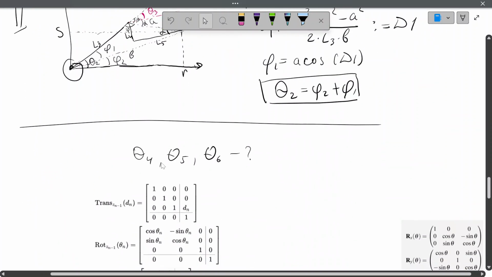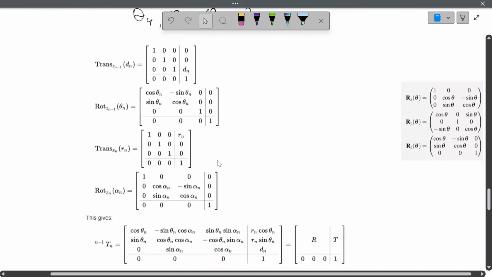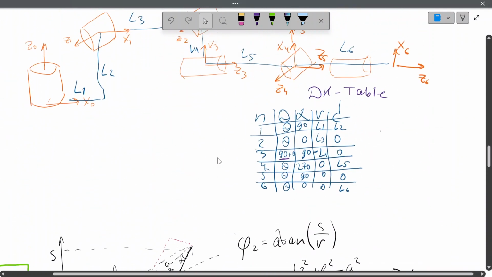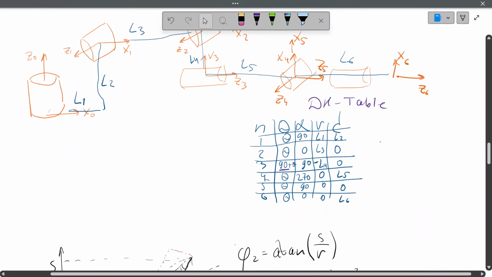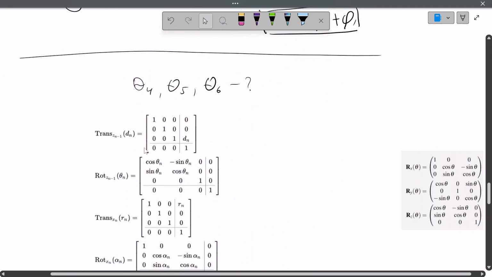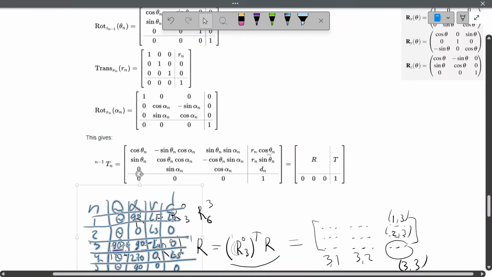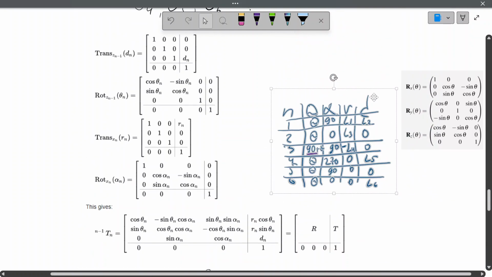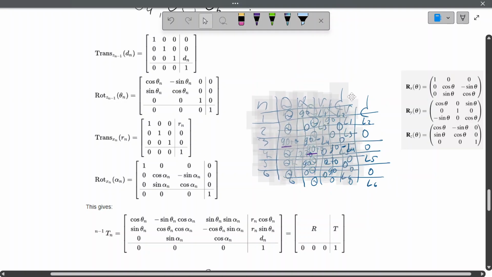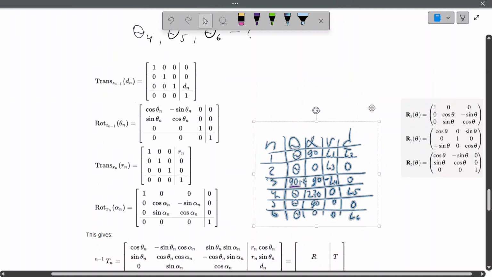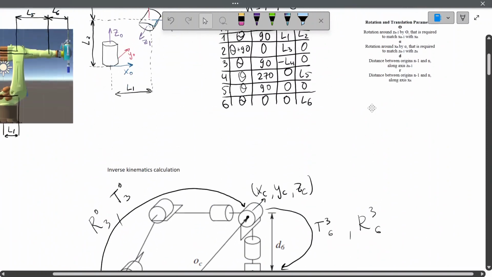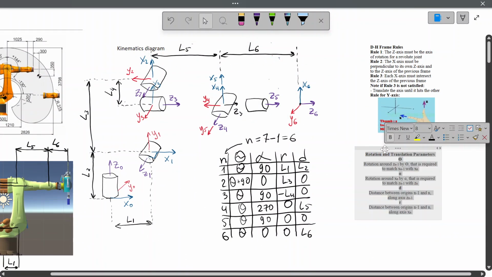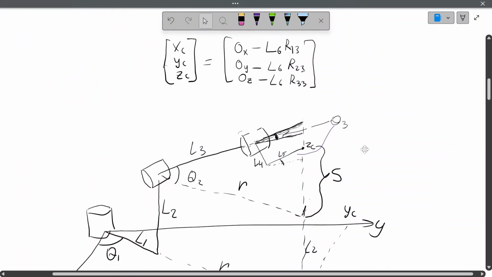Next, let's see how to find theta 4, theta 5, theta 6. So previously we created the DH table. Let's copy this to here. And let's copy the notes. What does it mean? Every parameter.